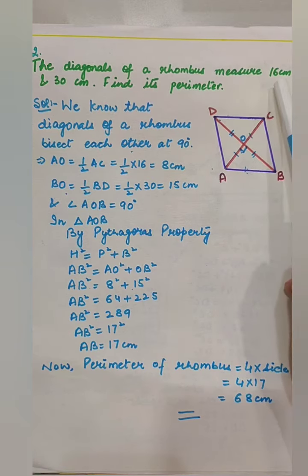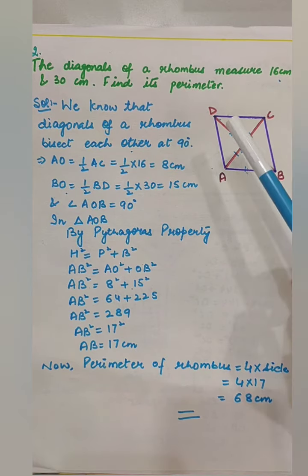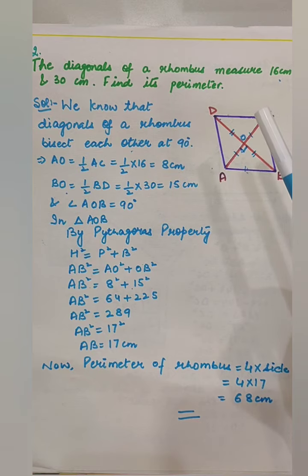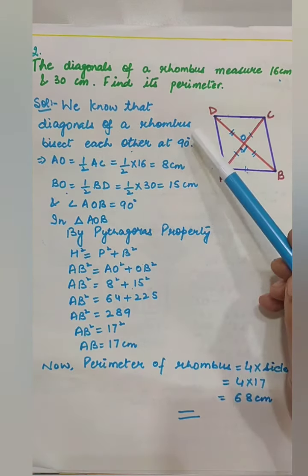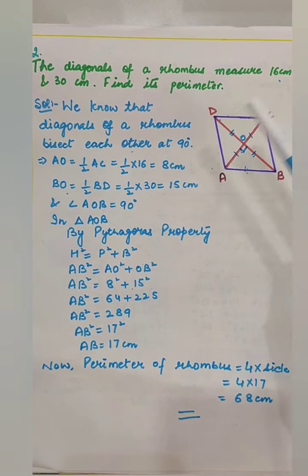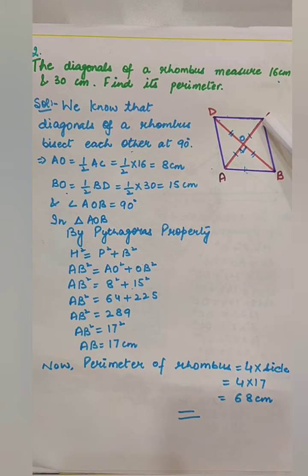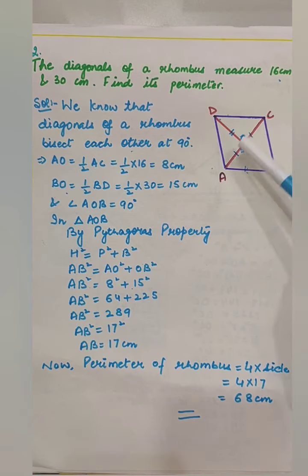Here the diagonals are given, but we have to find the length of its side. So we will apply the property of the rhombus here, that diagonals of a rhombus bisect each other at 90 degrees. Here AC is one diagonal and BD is the other diagonal. Both diagonals bisect each other at point O.